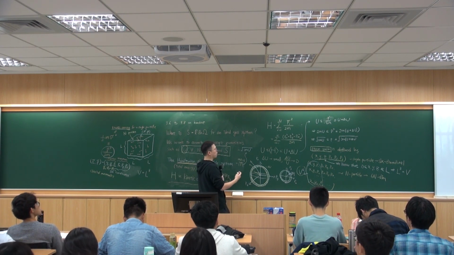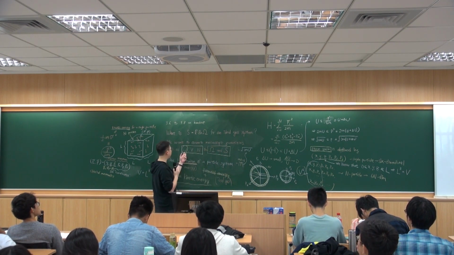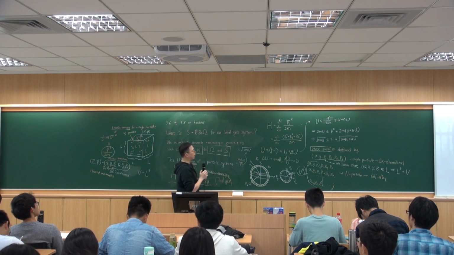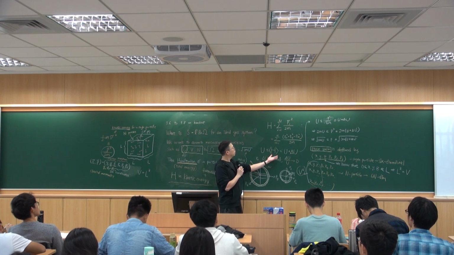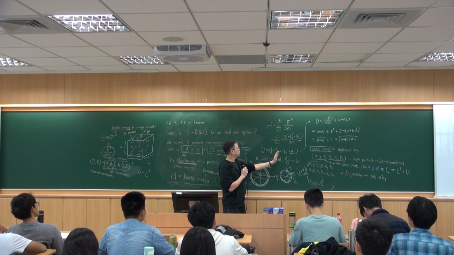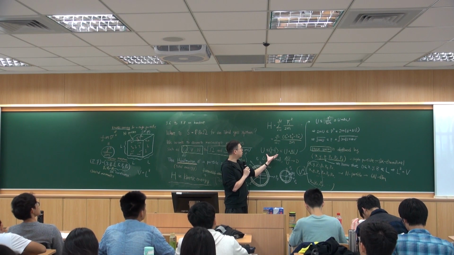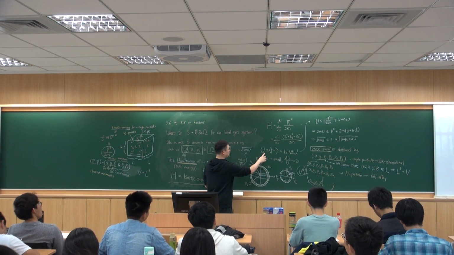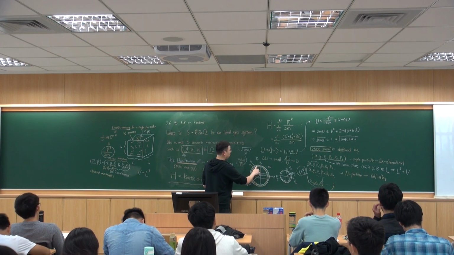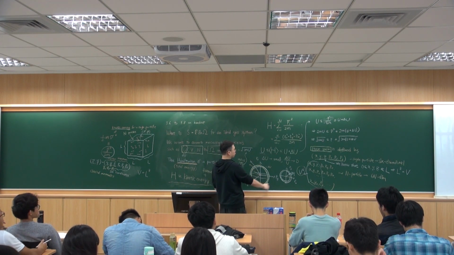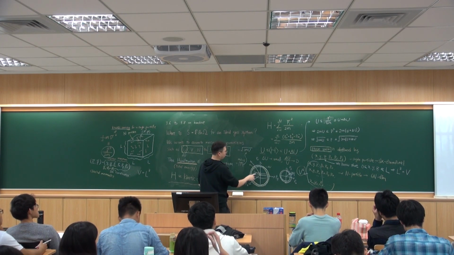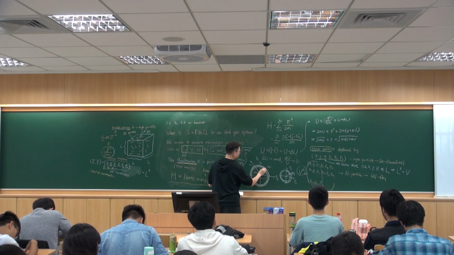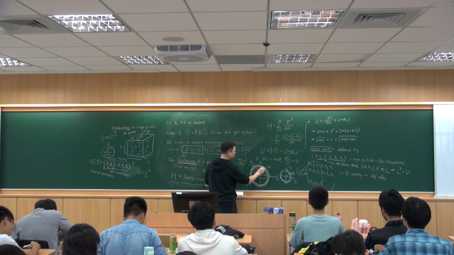But since we have a confinement that the internal energy should be U, with an uncertainty of delta U, it means that the total energy, our Hamiltonian, should be at least in between these two numbers. So the inner shell corresponds to U, and the outer shell corresponds to this one. Therefore, the endpoint of P can only lie in between these two shells.